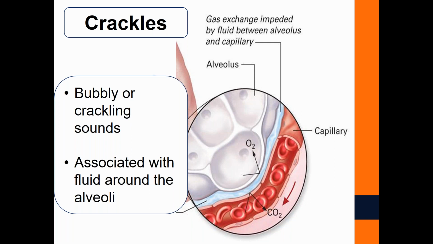So the oxygen has a hard time diffusing across that. The carbon dioxide has a difficult time diffusing across that moat as well. And we don't really hear anything good happening because eventually those terminal bronchioles in the alveoli will actually have to be breathed open with each breath, and we'll hear that popping noise.